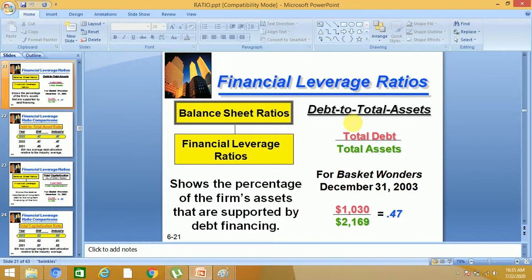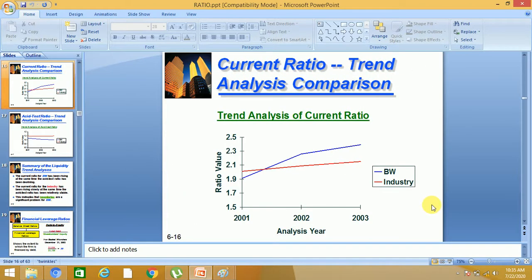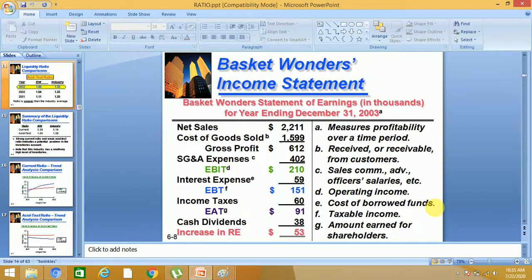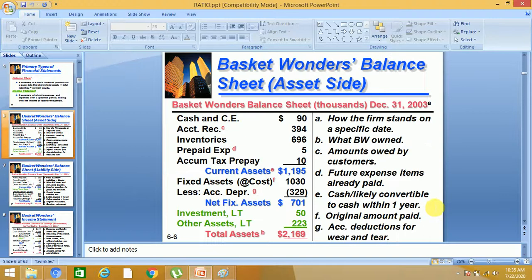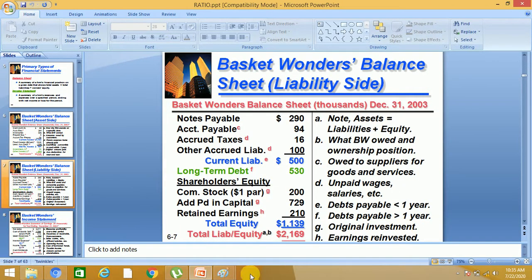So now, debt to total assets is equal to total debt divided by total assets. For Basket Wonders, December 31, 2003, total debts are 1030, total assets are 2169. We'll go back to the balance sheet. This is the balance sheet. Now check the total debts.